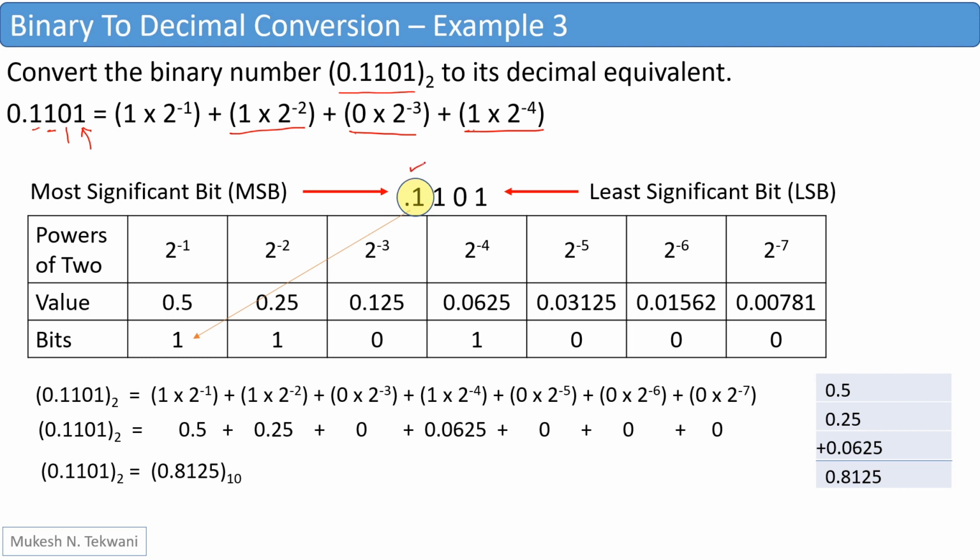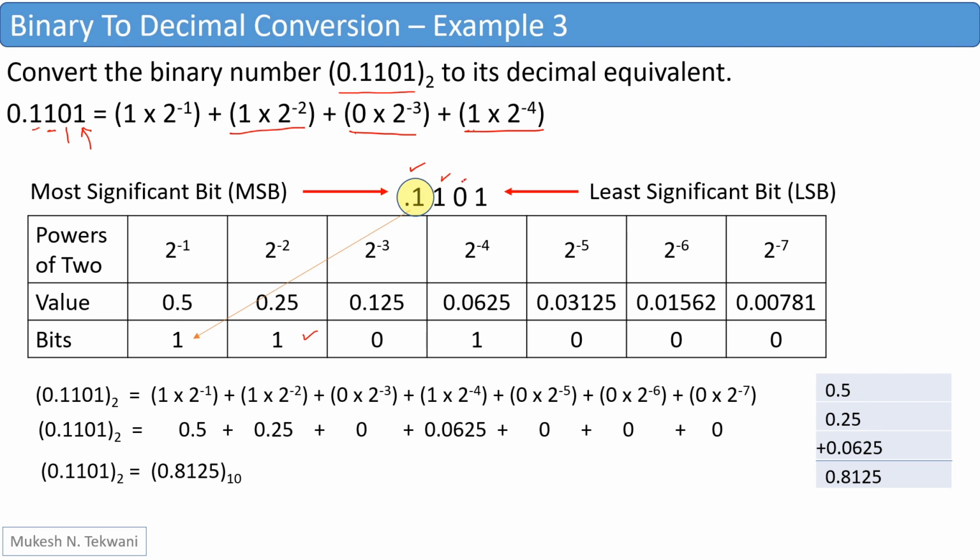We put the bit under the appropriate power of 2. So we have 0.1, so the bit is 1. We put the bit 1 under the power of 2 raised to minus 1. The next bit is 1. This bit is written under the power of 2 raised to minus 2.